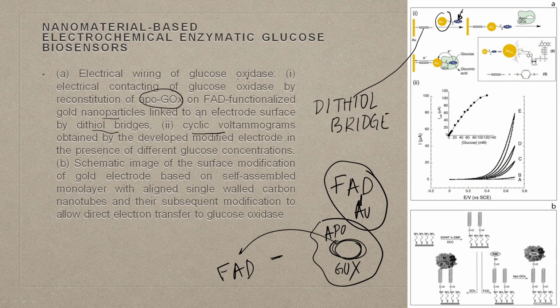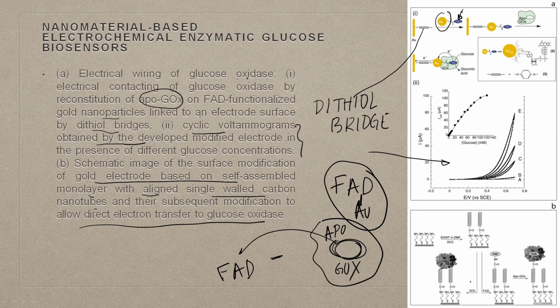Then you get the cyclic voltammogram obtained by the developed modified electrode in the presence of different glucose concentrations. And we will talk a little bit more, not today, in the next week, about how these voltammograms are generated. And here what you see is the schematic image of the surface modification with a gold electrode based on self-assembled monolayer of aligned single walled carbon nanotube and their subsequent modification to allow direct electron transfer to glucose oxidase.